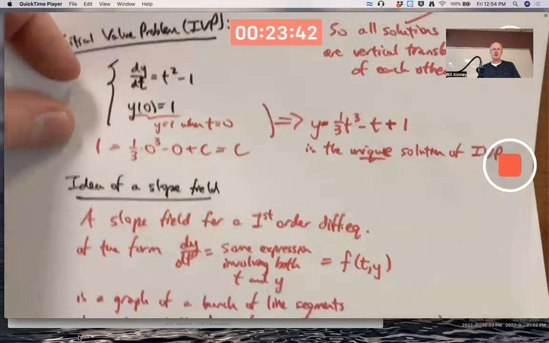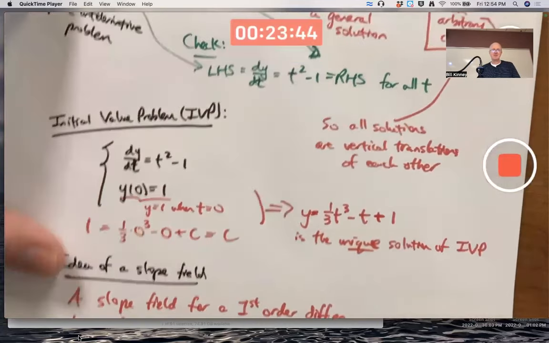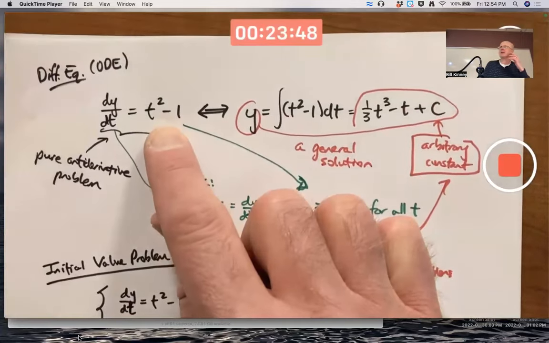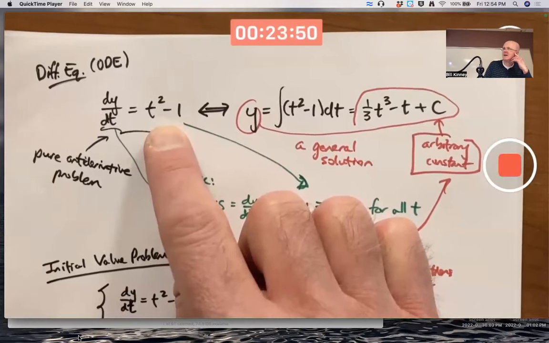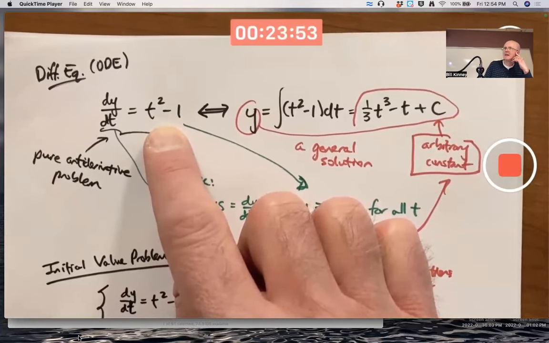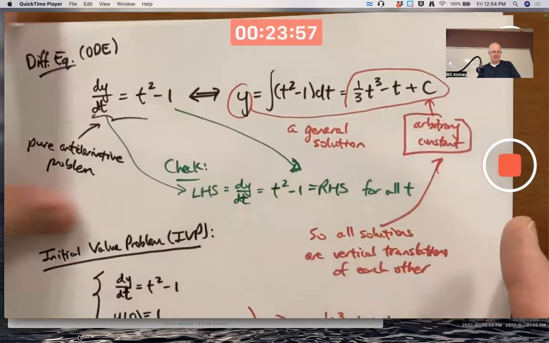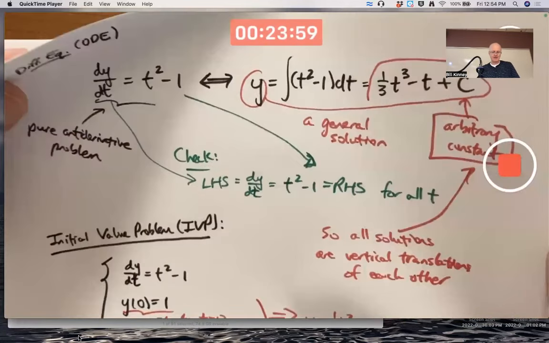So with this example, the f of t, y really just depends on t, not y. I'm going to go ahead and call it f of t, y anyway, even though the right-hand side does not depend on y.